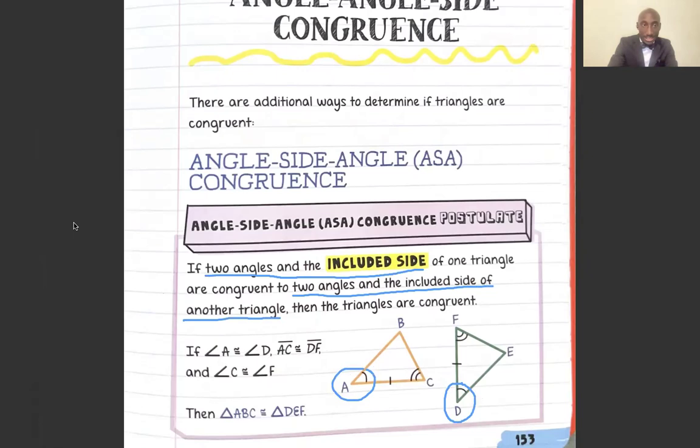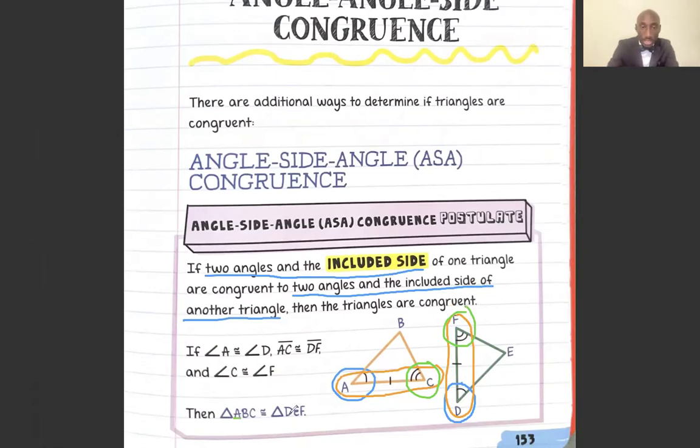Here we go, side AC, side DF. And angle C is congruent to angle F. Then triangle ABC is congruent to triangle DEF.